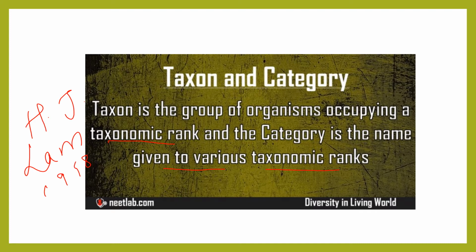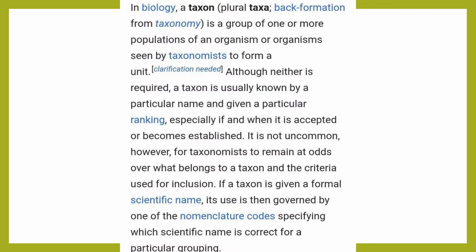Category is a rank or level in the hierarchical classification of organisms. Taxon is a group of one or more populations of an organism seen by taxonomists, which forms a unit. Later on, a taxon is usually known by a particular name and it's been given a particular ranking, and that is called a category.